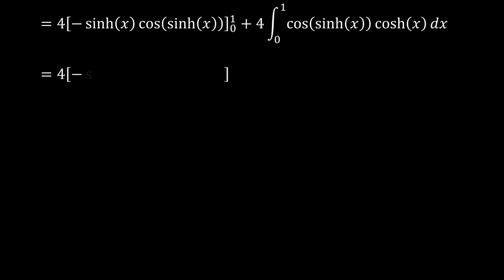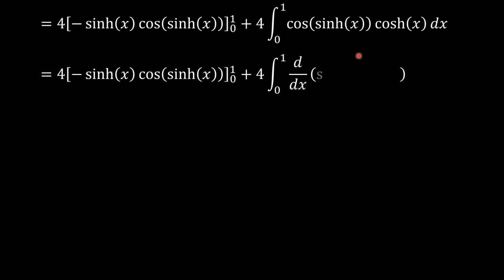Okay, so this expression here is the same as the derivative of sine of the hyperbolic sine of x, which is crucial because now we have a derivative under the integral sign. So this means that, and so the integral is obviously an antiderivative process.